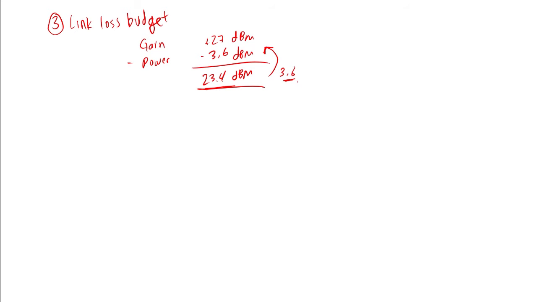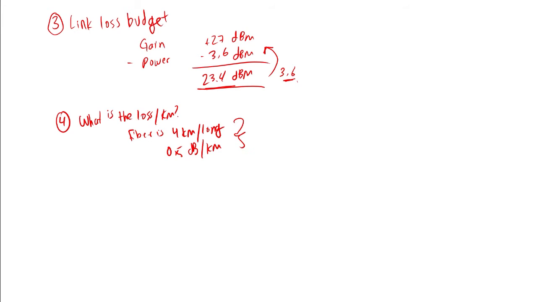So we know then, number 4, what is the loss per kilometer? So we want to figure out, let's say our fiber is 4 kilometers long and we lose 0.5 dB per kilometer.